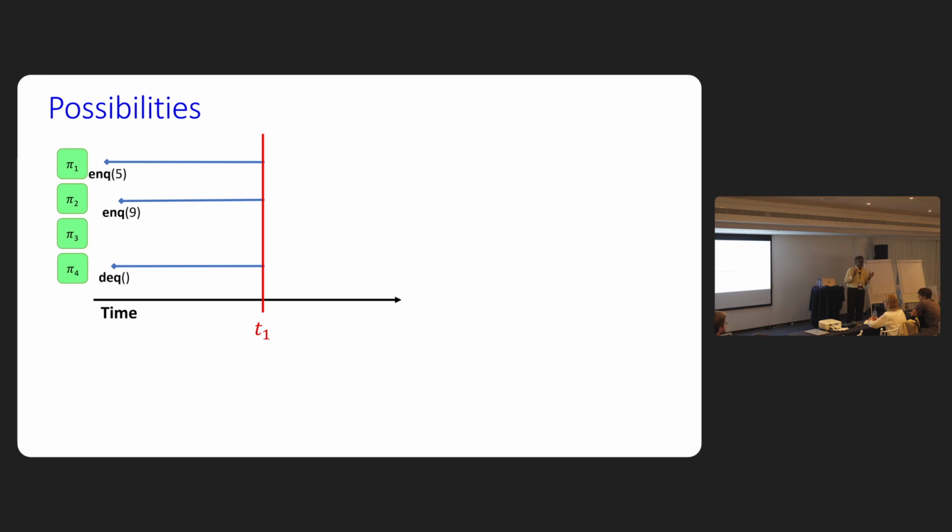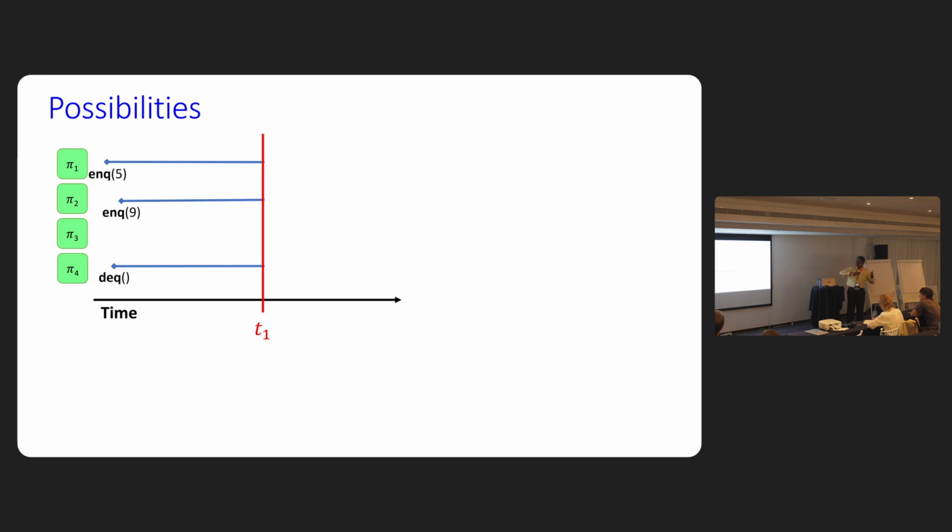First, intuitively, what do I mean by a possibility? What is a possible state of the queue at time t1? And in addition, not just the state of the queue, what is the possible status of each of these processes?